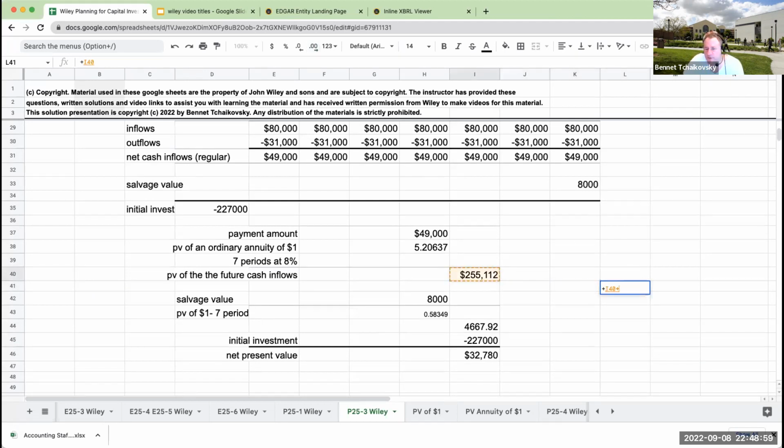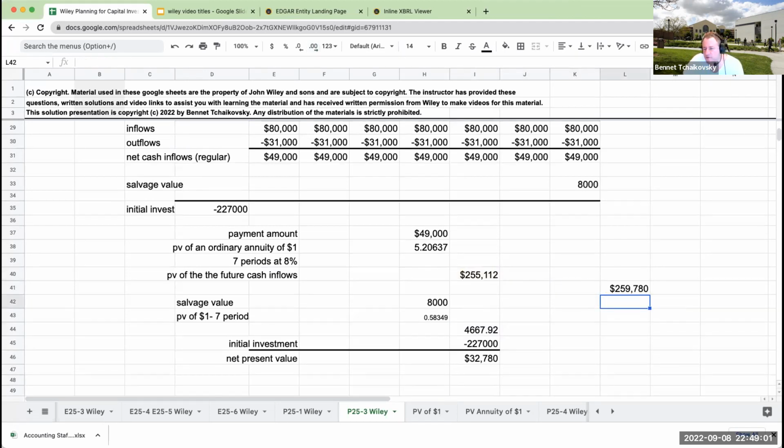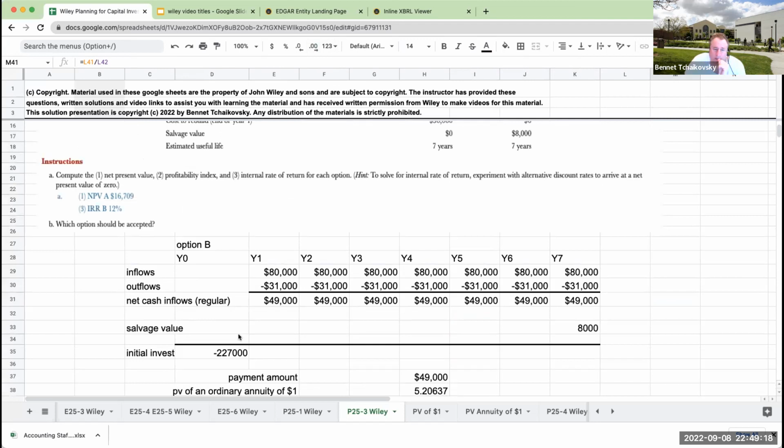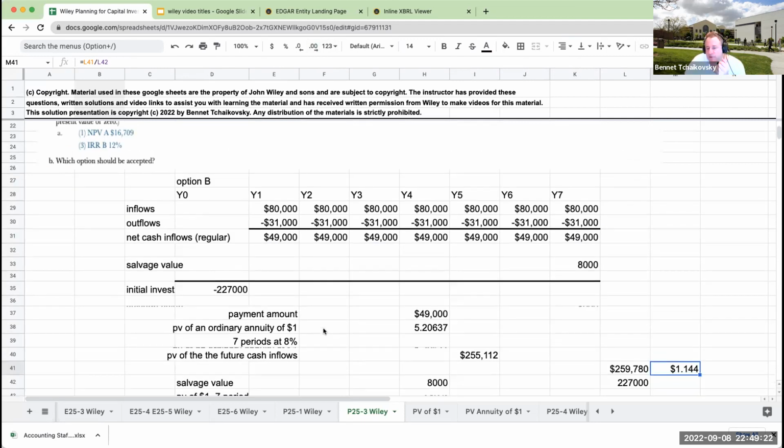For the profitability index here, this would be 259 divided by 227, and this is going to be slightly higher. Again, it's not something I've really used, but that doesn't mean that it's not a valid metric. It's just, I don't really use it. And then the internal rate of return is what's going to make the net present value go to 0. So have fun with that one.